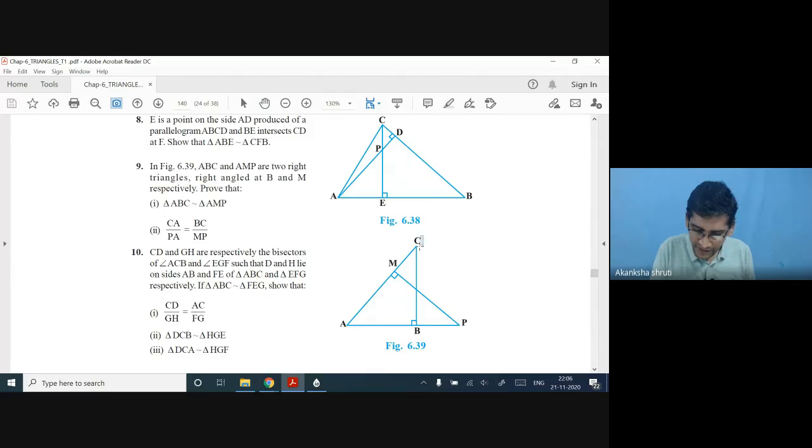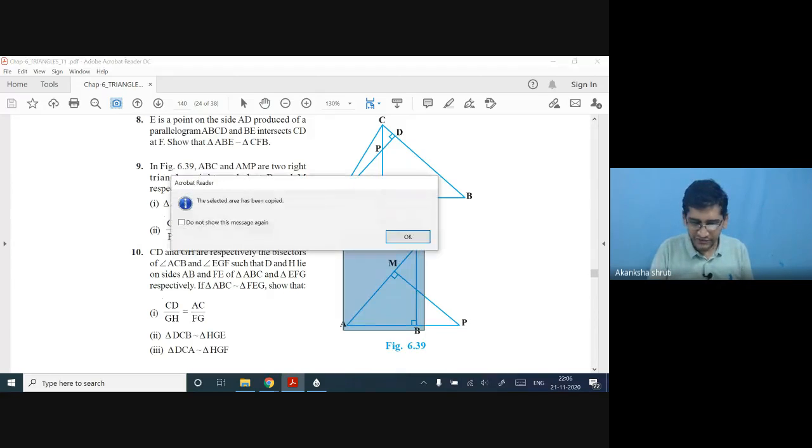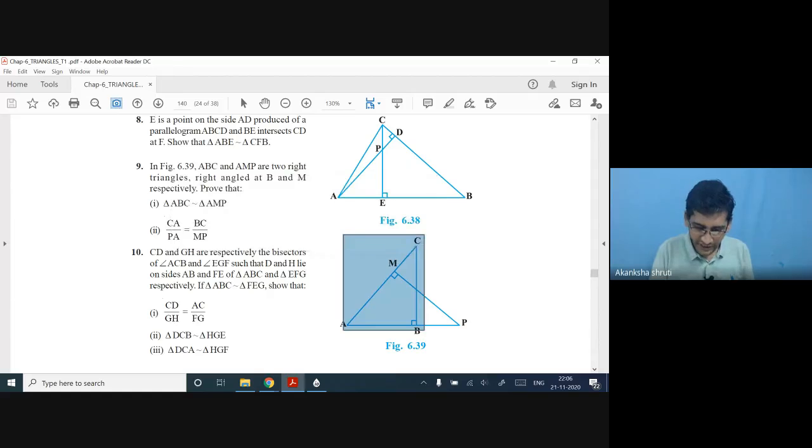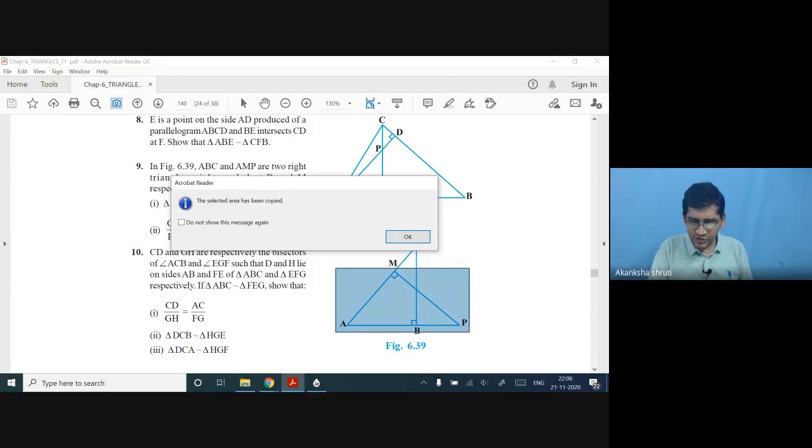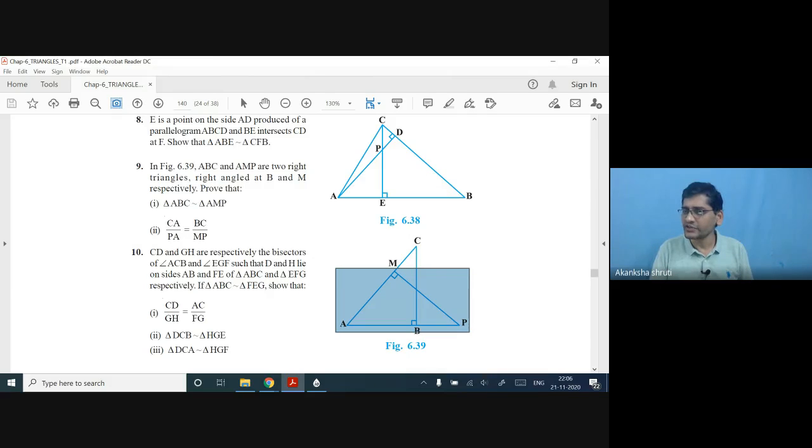This triangle. Then on the other side, observe the denominator, PA and MP. P to A is there, and MP, this triangle. So these are the two triangles that you need to take. Then you have to prove it.